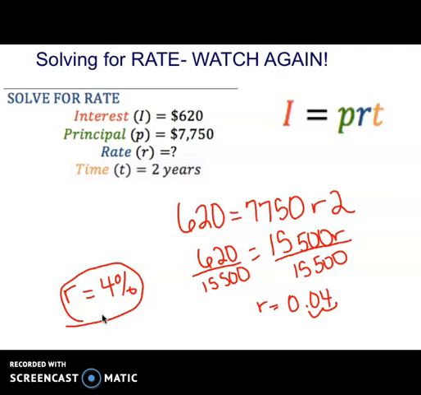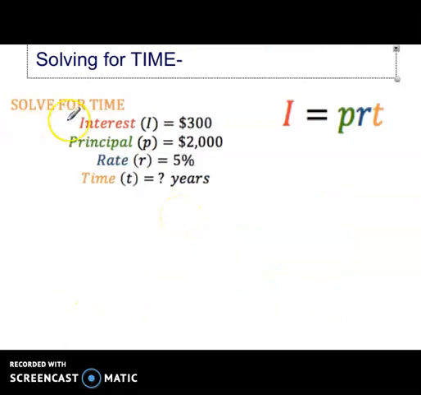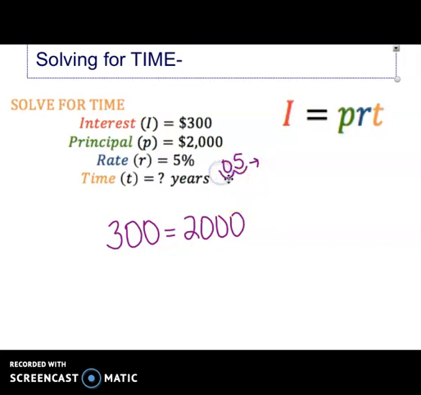It is going to be very similar to solve for the principal and the time as well. So for solving for the time, we are going to do the exact same thing. We sub in what we know. We know the interest was $300. We know the principal was $2,000. The rate we have to express as a decimal, so we move it 2 places to the left. The decimal is 0.05.